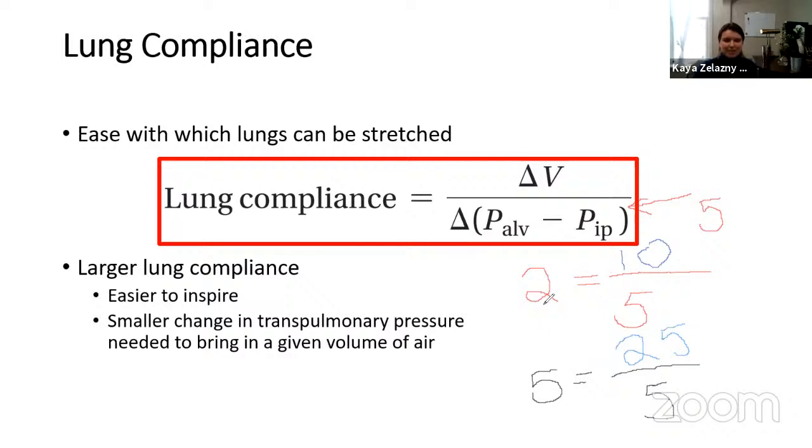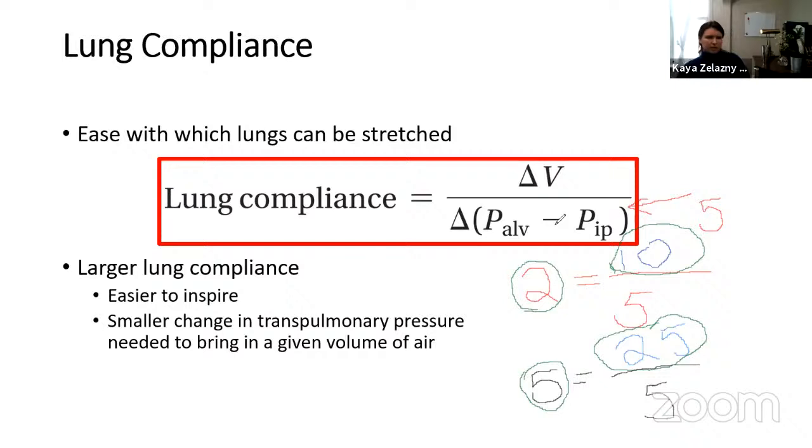But what I'm showing you here is that with a lower lung compliance of 2, we would only get in 10 units of air. But if we have a higher lung compliance, 5 is higher than 2, we got a lot more bang for our buck. Now we're getting 25 units of air for that same delta P of 5. So a higher compliance means we can get a lot more volume given the same transpulmonary pressure, basically.